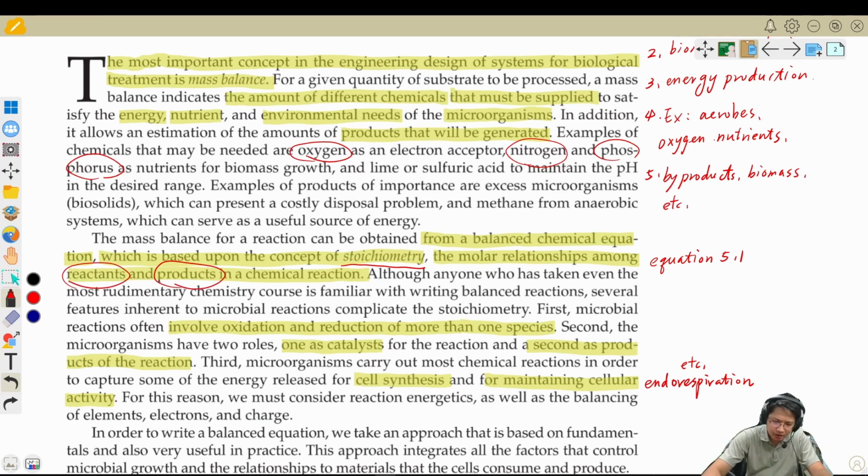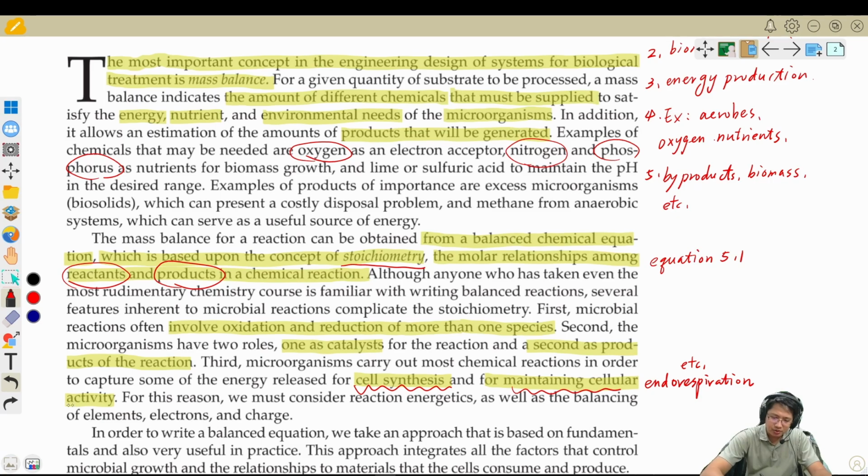The chemical equation combines an electron donor and an electron acceptor, and also synthesizes the cell itself. So there is a partition of the electrons: one part to cell synthesis, and another part to maintaining cellular activity.